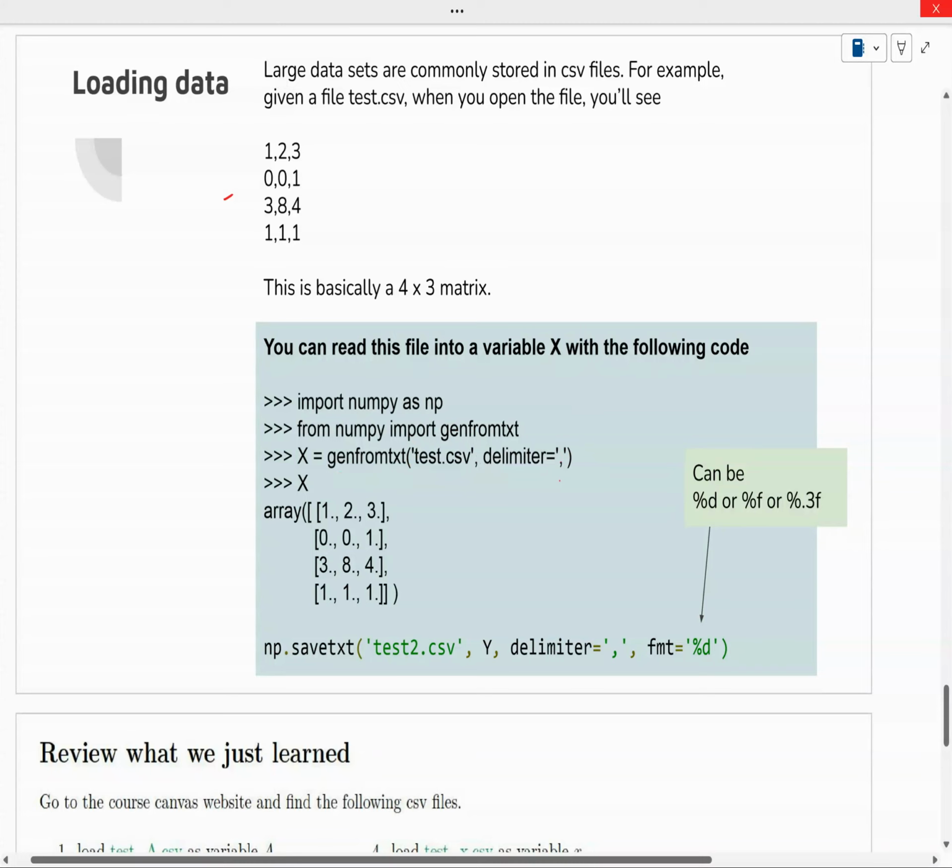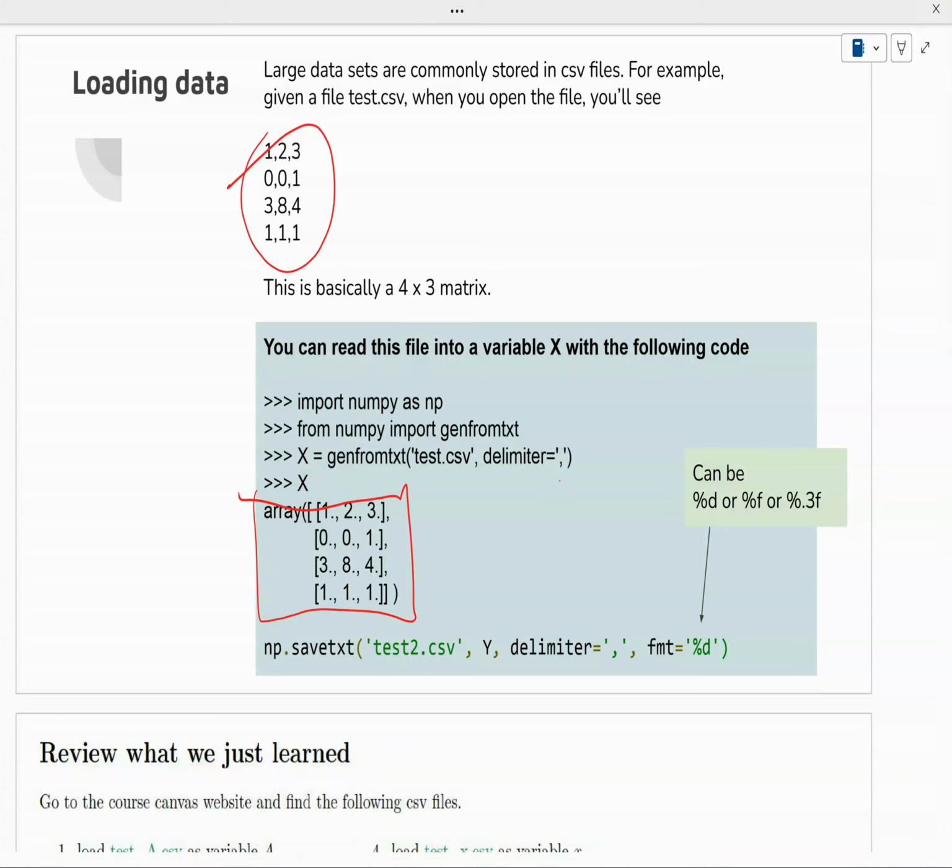What that comma is for is saying that the numbers are separated by commas. After that, if you print out the matrix X, notice how this is the same as this. So normally, you don't type the numbers in.